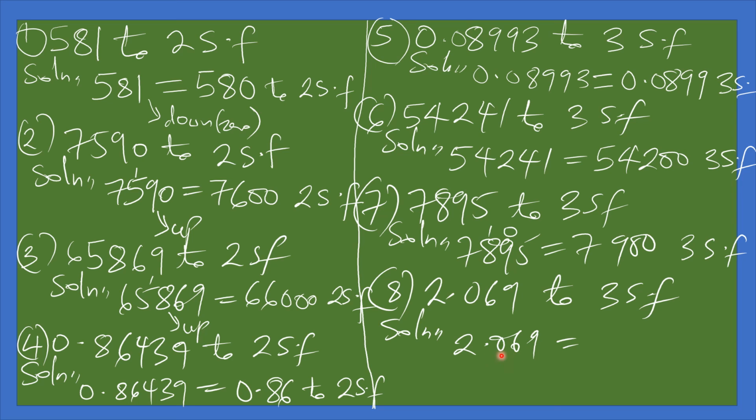Because this 0 is in between 2 non-zero digits, which are 2 and 6, it makes this 0 significant. This simply means 2 is the first significant figure, 0 is the second, and 6 is the third significant figure. Now because we have 9 here, we'll round it up, thereby making the 6, the final answer to be 2.07 to 3 significant figures.